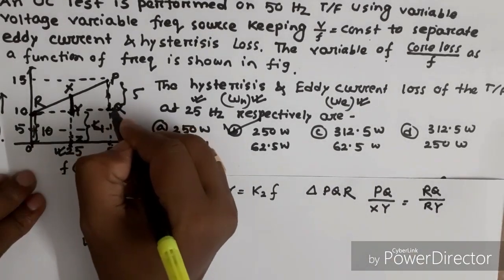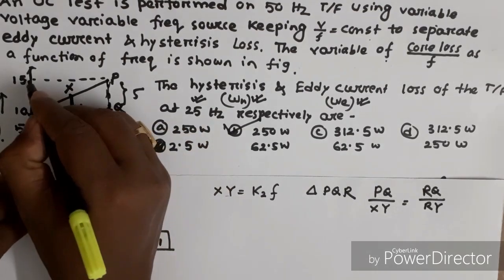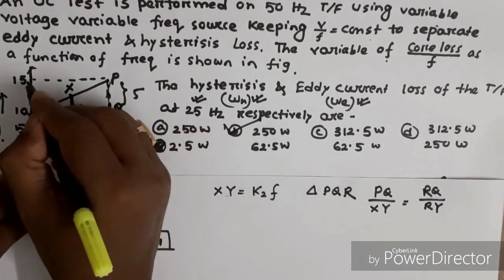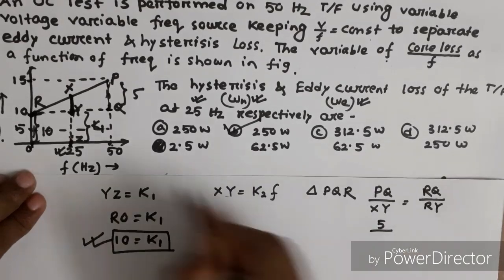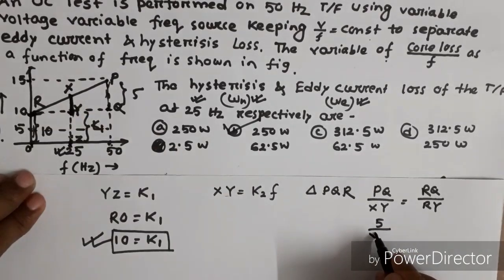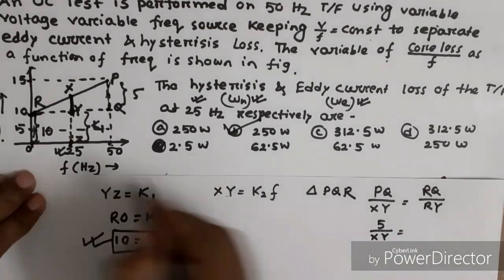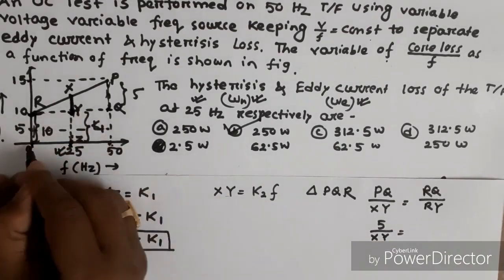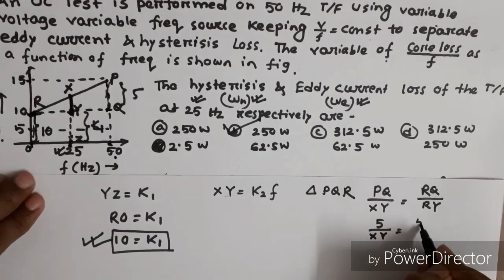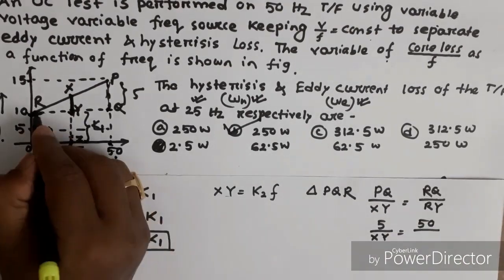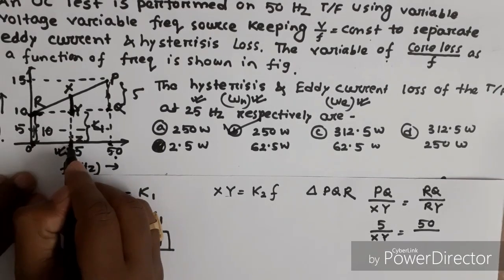What is the value of PQ? This is 10, this is 15. The value of PQ is 15 minus 10 equal to 5. We have to find out XY. RQ is how much? 50 Hertz. RQ is 50. RY is 25.